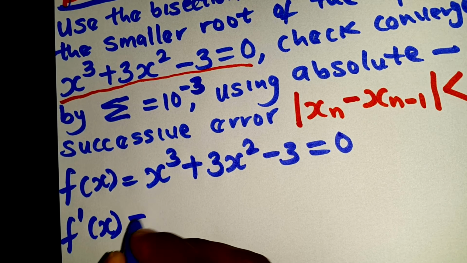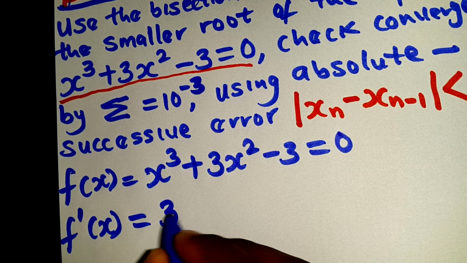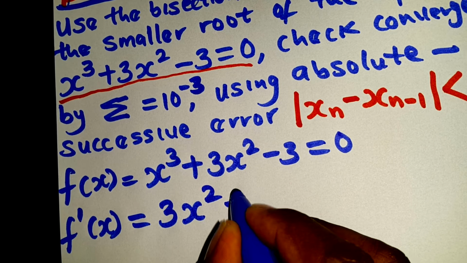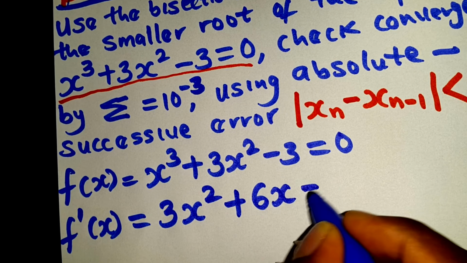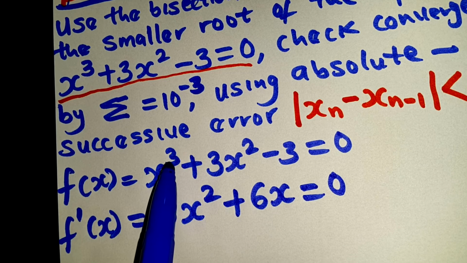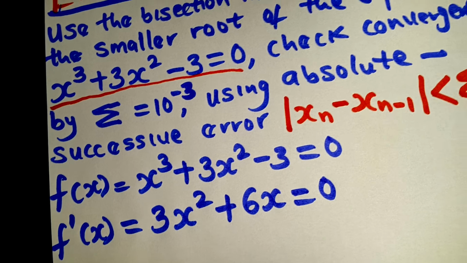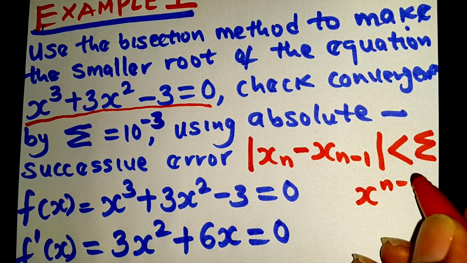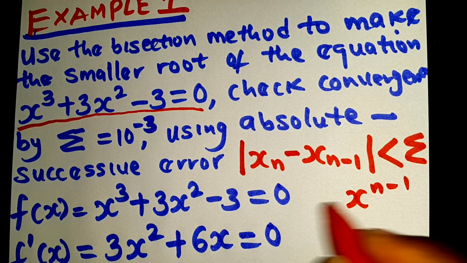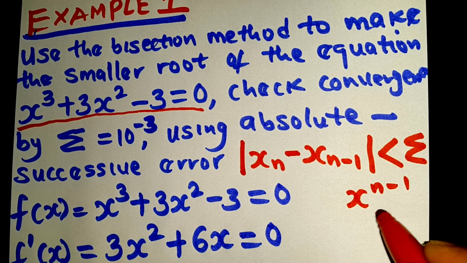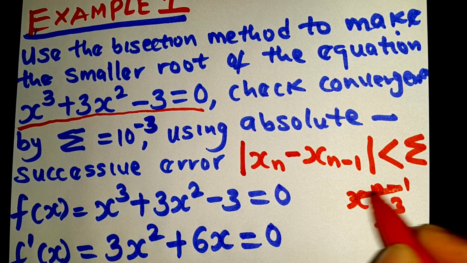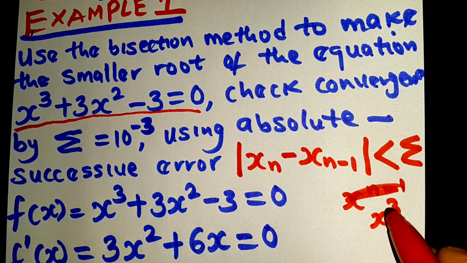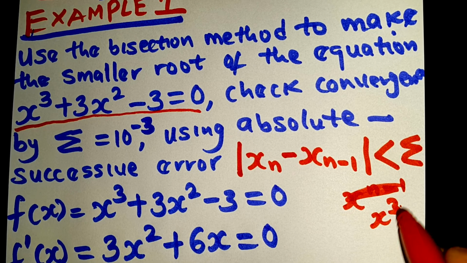So the derivative will be 3x squared plus 6x, which is equal to 0, because the 3 will come down, and you deduct 1 from the power.